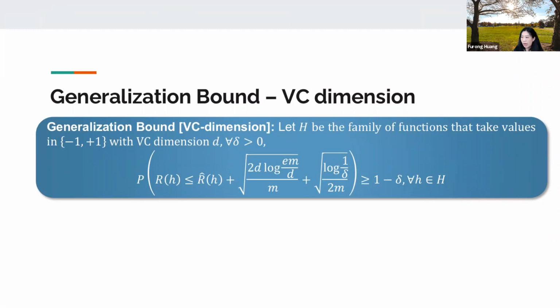That's why you are unlikely to overfit for a linear classifier, but more likely to overfit for a neural network if you use the same number of examples. This comparison only makes sense under the same number of examples, so M is equal.